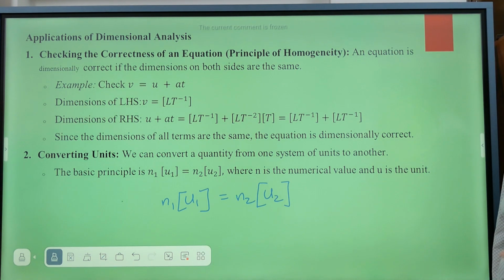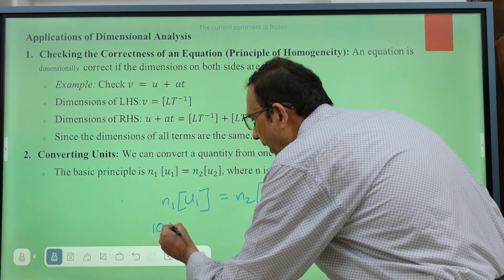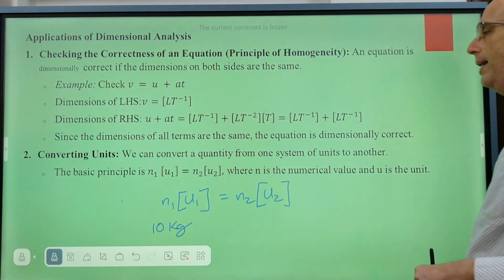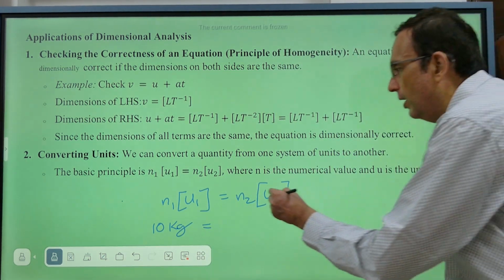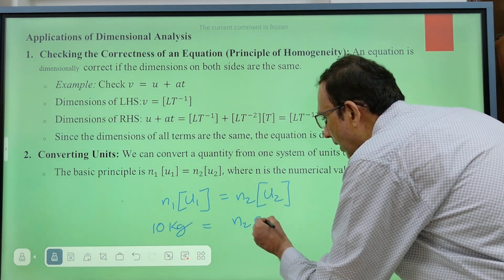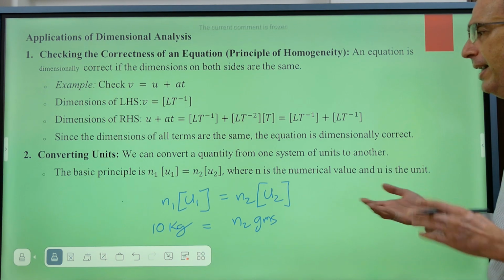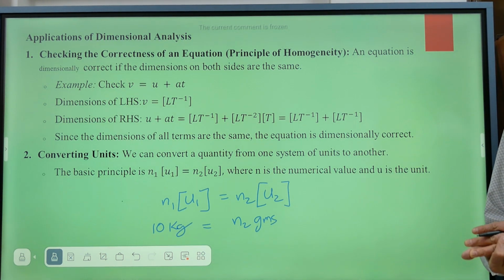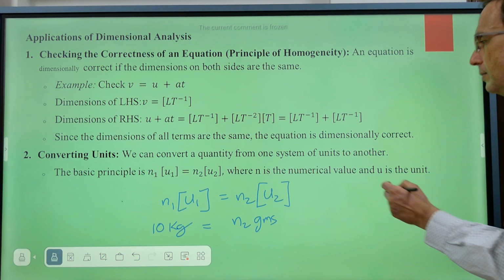So it is 10 kg. And then you have n2, you have to express it in grams. Now you know that 1 kg is equal to how many grams? It is equal to 1000 grams.